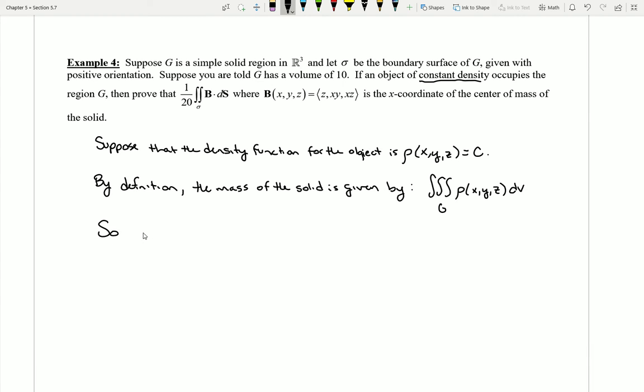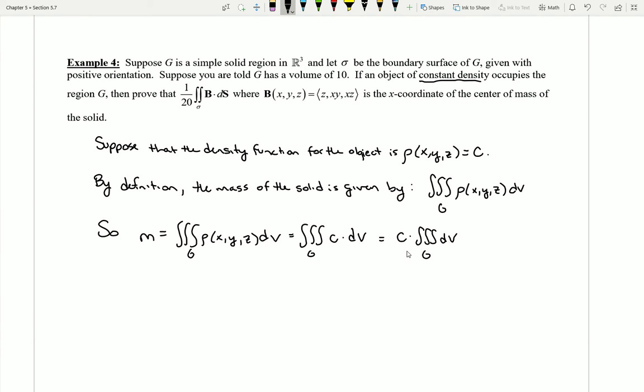Now what we can go ahead and actually try to do here is to see what we can understand from this. So, our mass, which is equal to this triple integral, can be updated a little bit because we know that the density itself is just some constant. But of course, if c is just a constant, we can take it outside of the triple integral.